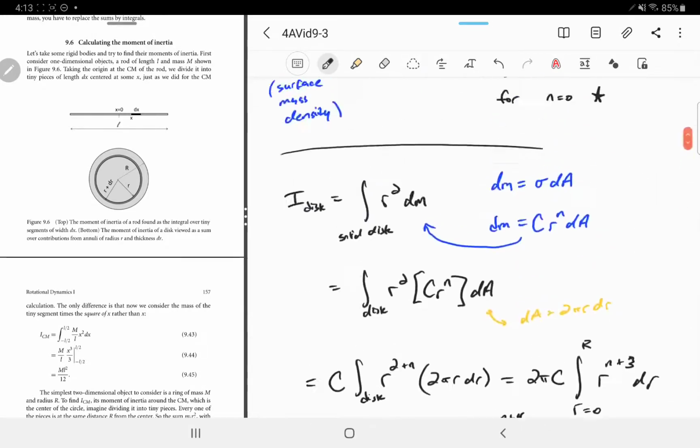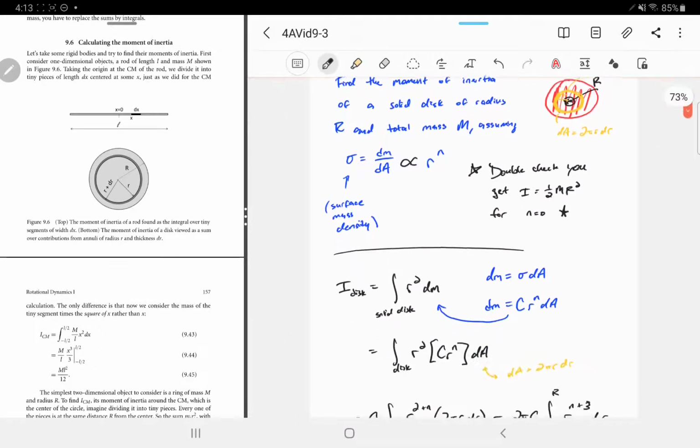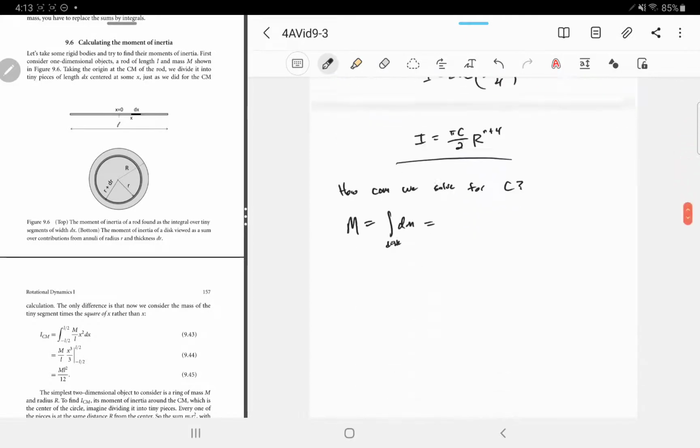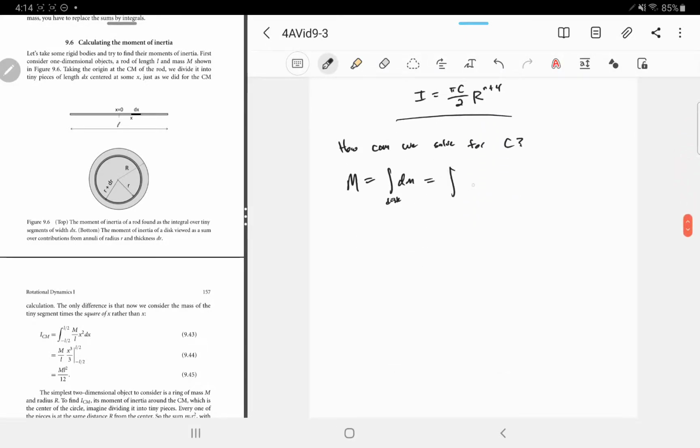It looks like dm was equal to sigma dA, and sigma was c times r to the n. So this is c r to the n times dA over the disk. Again, we're splitting up our disk into a bunch of rings of area 2 pi r dr.